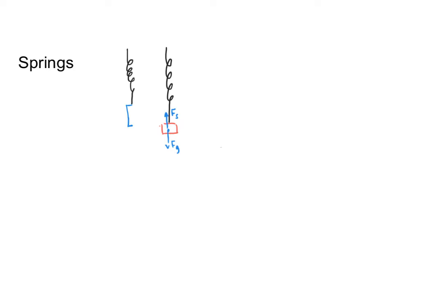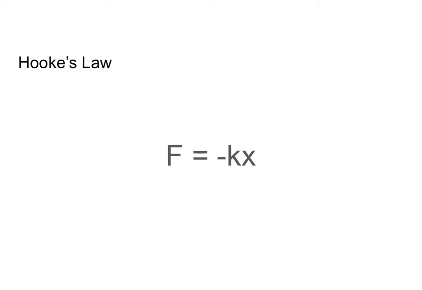Now, when you did your lab, you probably noticed that the spring force, the force that you were applying to the spring by hanging a mass on it, and the amount with which the spring expanded or contracted had a linear relationship, like so. That relationship is written down in something we call Hooke's law, which you can see mathematically on the screen.